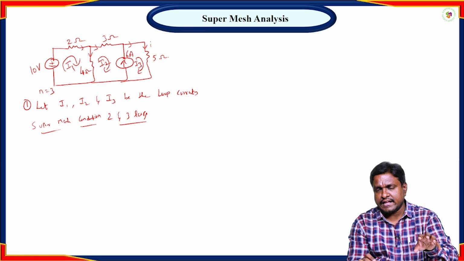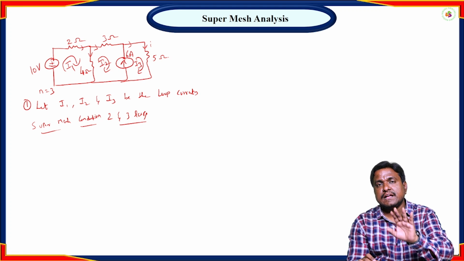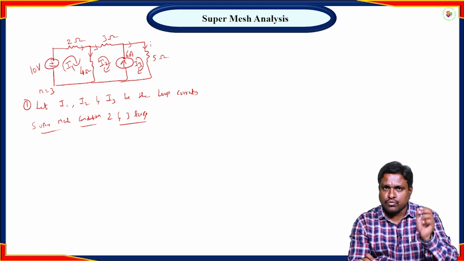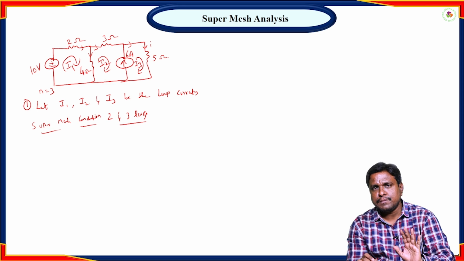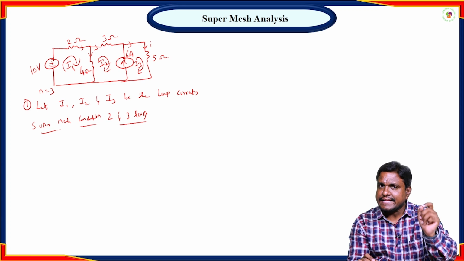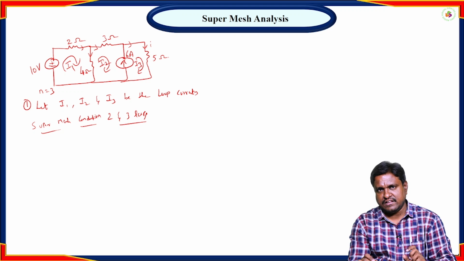If there is a current source between any of the two loops, then those loops are under super mesh, or if there is a current source only in one particular loop, then only that loop will be under super mesh condition.